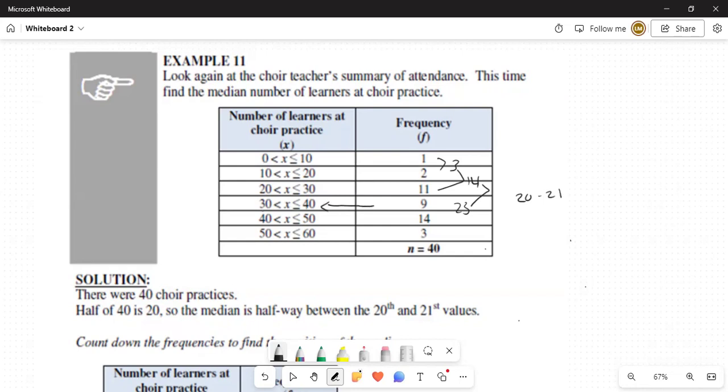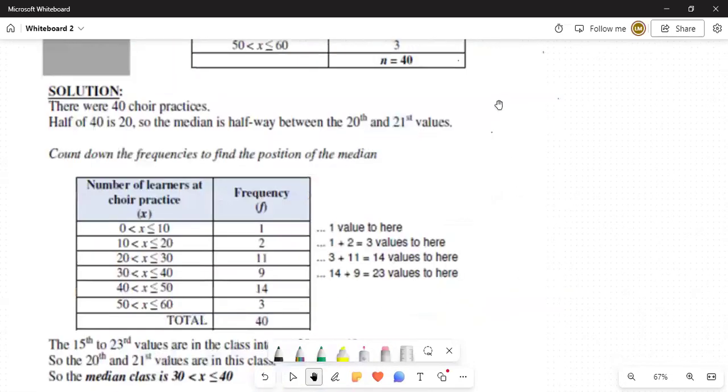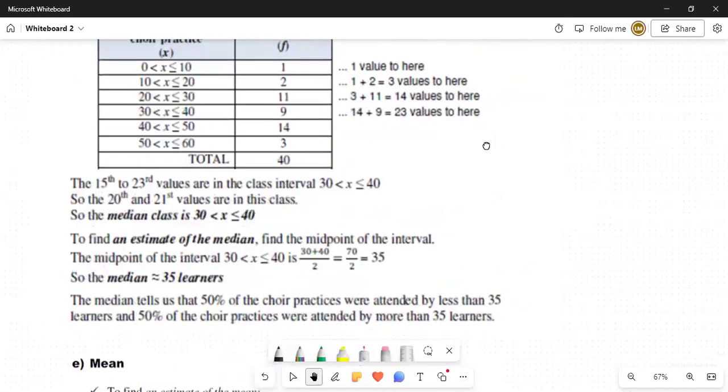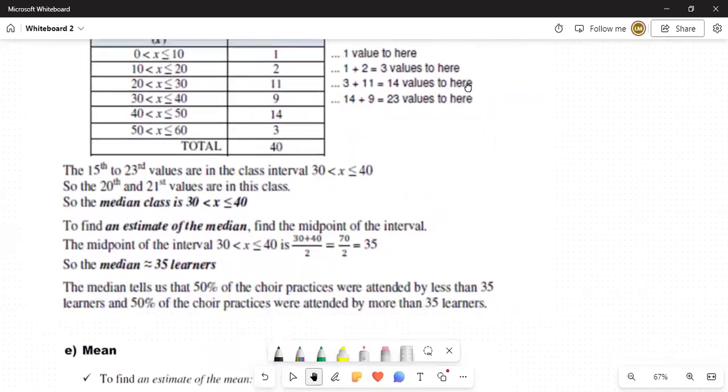Between 30 and 40, we'll find our median. The middle number of 30 to 40 is then going to be 35, making 35 our median.